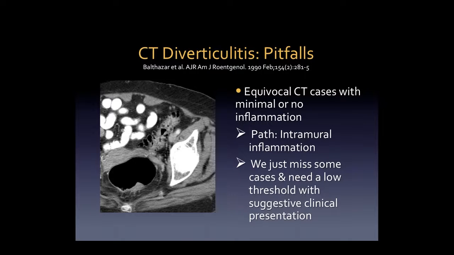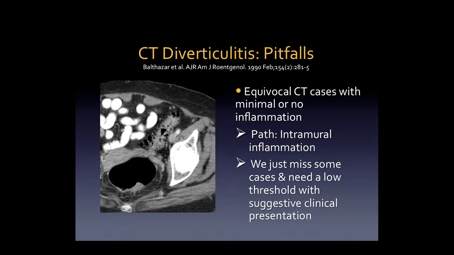So in those cases where you see some wall thickening and some tics and you're just not seeing a lot of inflammation, and maybe there's a suggestive history, left lower quadrant pain, fever, and the case looks something like this, sometimes these patients will actually turn out to have diverticulitis. We can miss some cases where there's just intramural inflammation and not a lot of stranding yet.